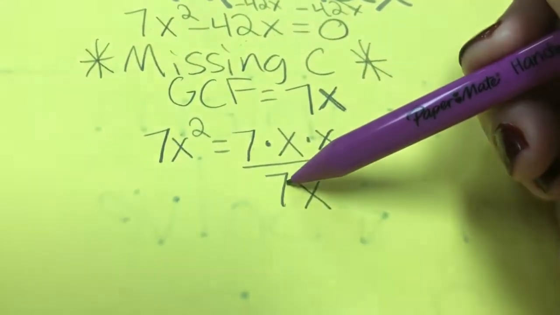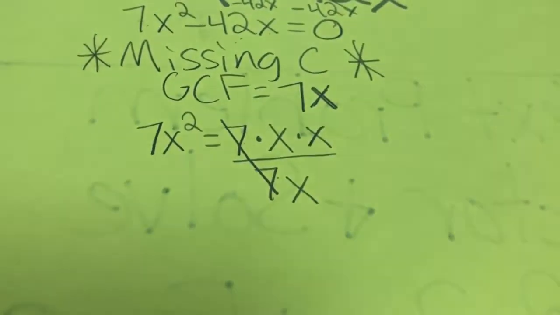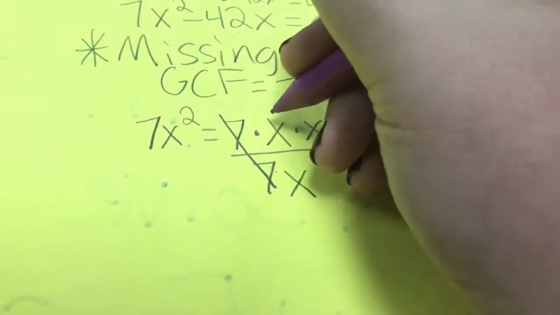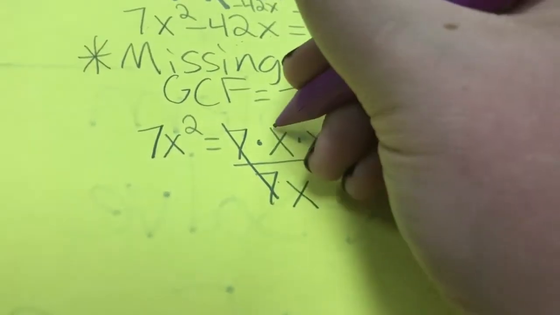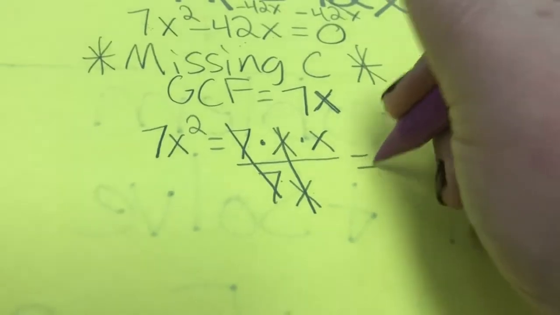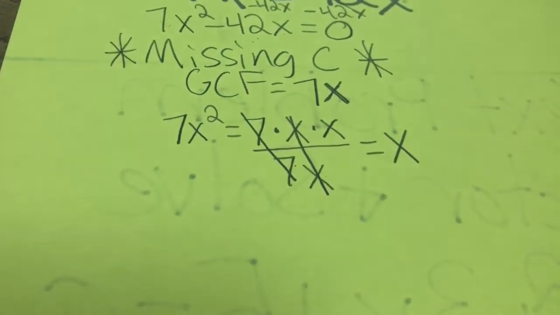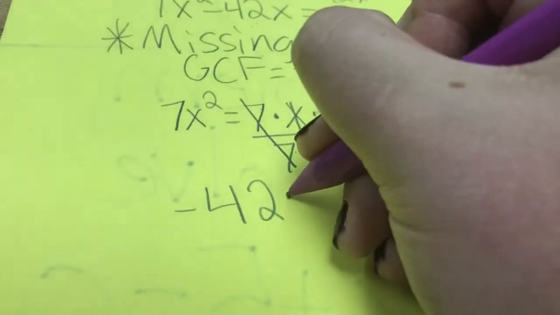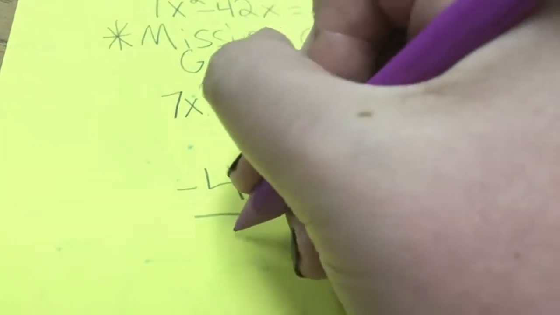So 7 divided by 7 cancels out because it becomes 1, and multiplying by 1 doesn't change anything, so we don't have to write it. X divided by x, doesn't matter what the x is, it still cancels out, and I'm simply left with x. Now my other term was negative 42 times my 1x, so I'm going to divide it by my greatest common factor, which was 7x.